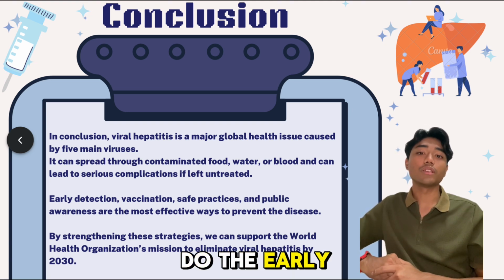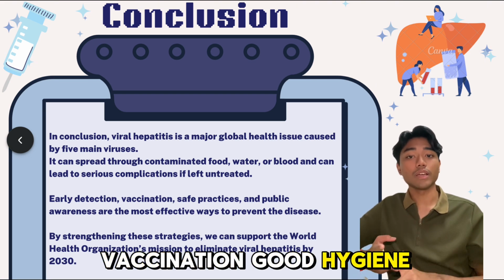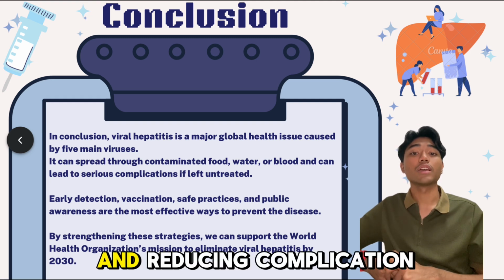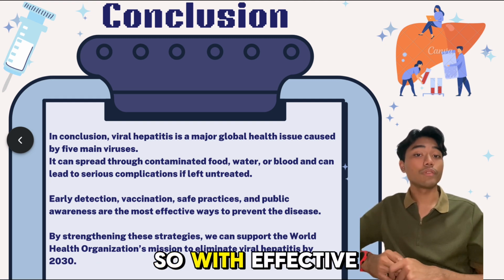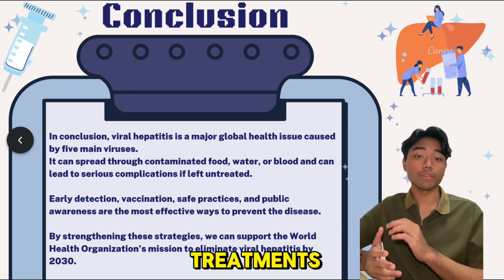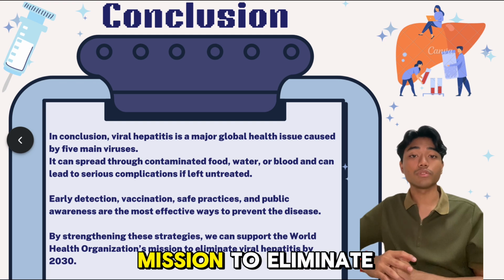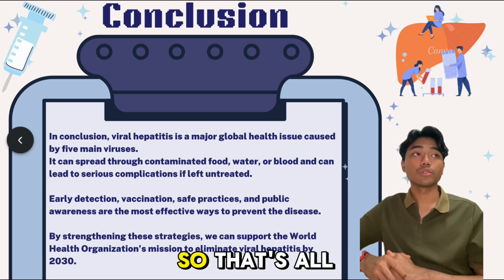Early diagnosis, vaccination, good hygiene and safe practices are the key steps to preventing infection and reducing complications of hepatitis. With effective prevention and modern treatments, we can support the World Health Organization's mission to eliminate viral hepatitis by 2030.